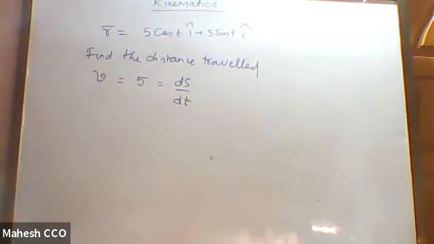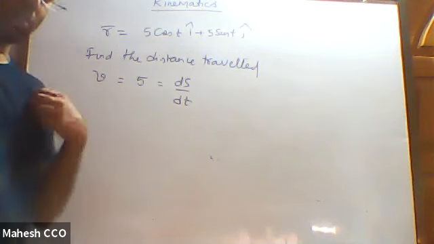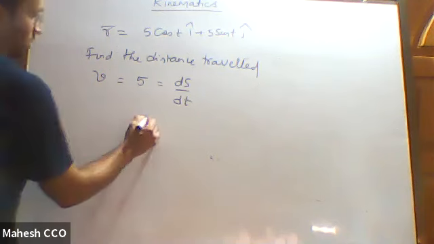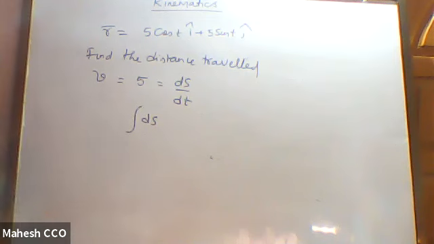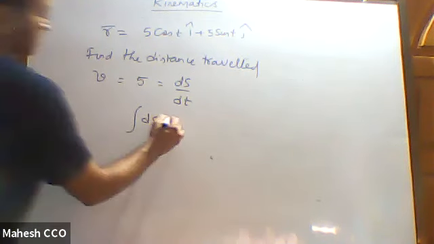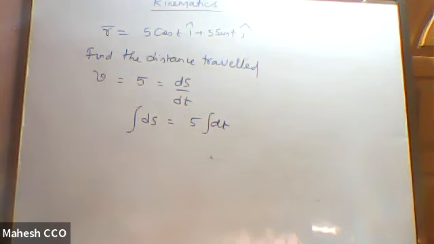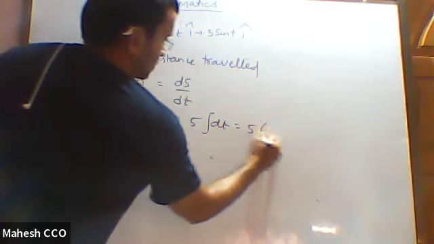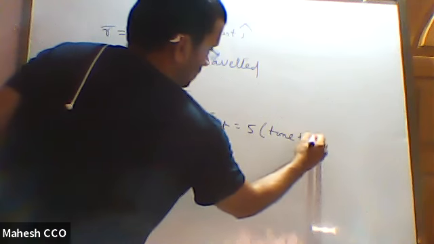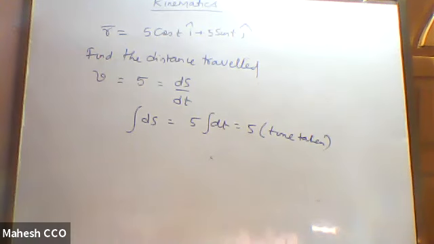Please understand, it's not displacement. We are not putting any bar here. Now the integral of ds, which is nothing but the total distance traveled, is equal to, constant can be taken out, integral of v dt, but here it is 5 into integral dt, because 5 is a constant that I have pulled out of the integration. Now that is nothing but 5 into total time. The time taken from 0 to pi seconds is nothing but pi minus 0, which is pi seconds.